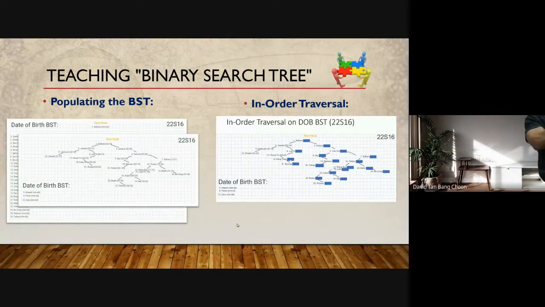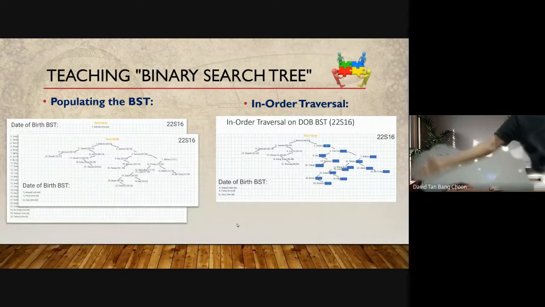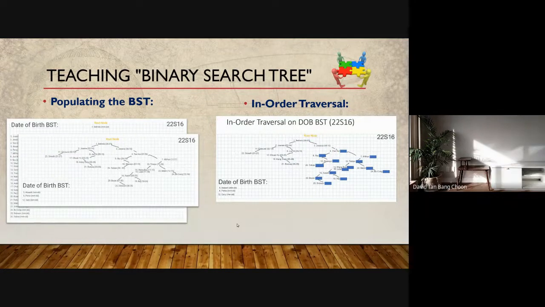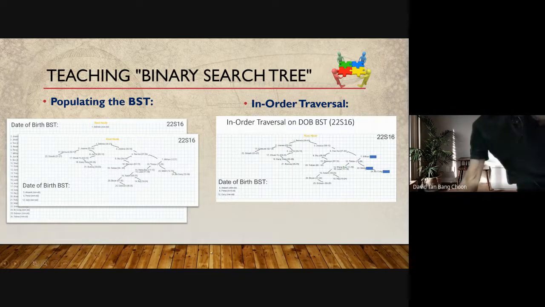That means those born in January, February, all the way up to December. If they make a mistake in their traversal, they realize that the dates don't run in order. This is a PowerPoint slide that they keep and can play with anytime they need to recap this traversal.